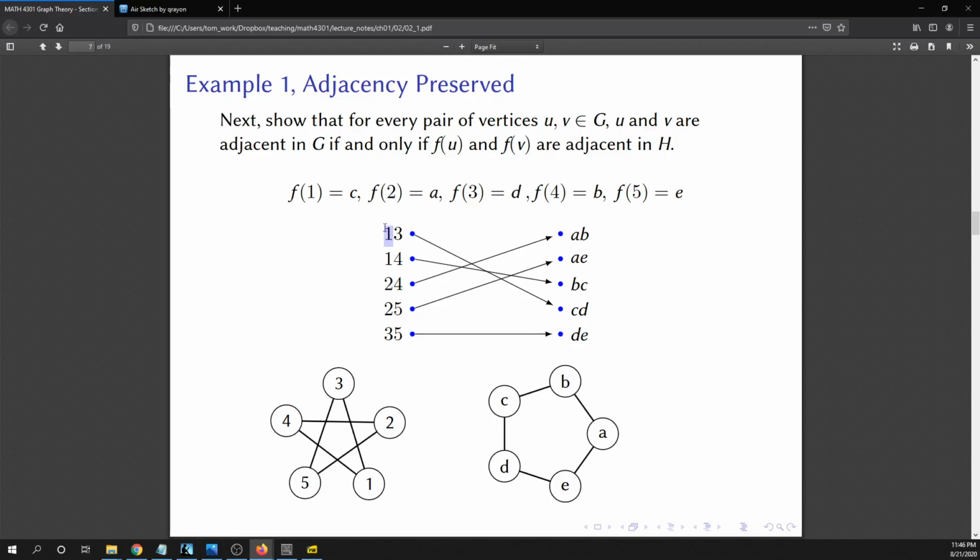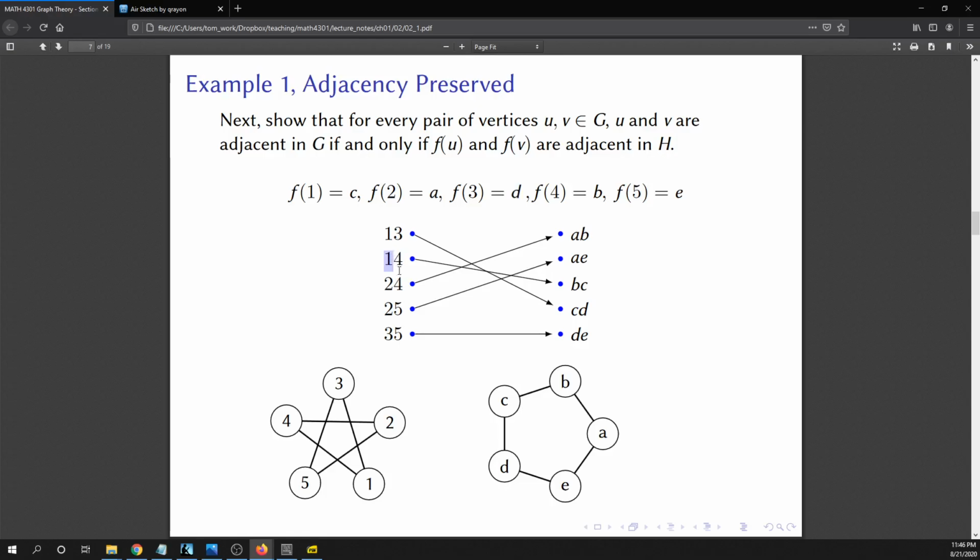So vertex 1 gets sent to C, and vertex 3 gets sent to D. That means that this edge 1, 3 is going to get mapped to this edge right over here, CD. Okay, so I draw a little arrow, and then I just do that for each one of these edges.